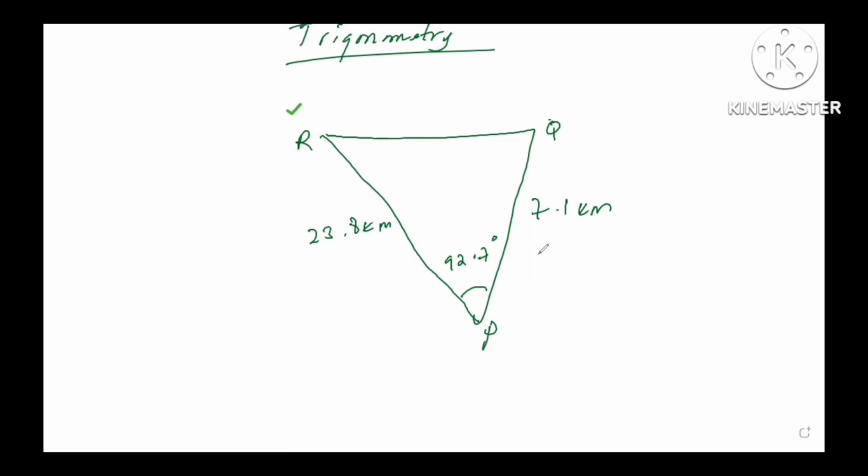So it is more like this 7.1 is equal to small r, right? Then again, the corresponding side for angle Q is this one here, which is small q. Again, the corresponding side of angle P is a small p. So now to find RQ, it is as good as finding a small p, right?